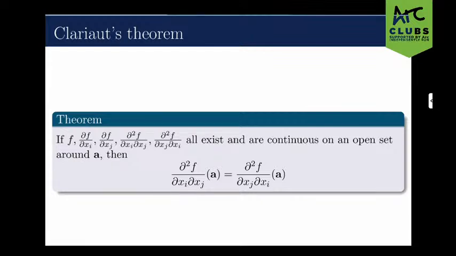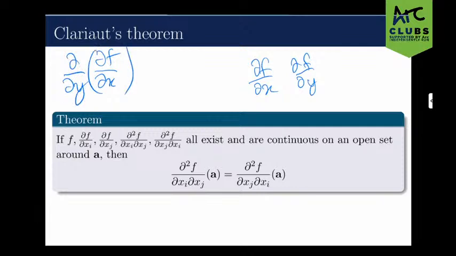So for example, I can have the partial of f with respect to x, with respect to y, but then I can take the partial derivative again. I want to take this partial derivative with respect to y, and we express it like this.